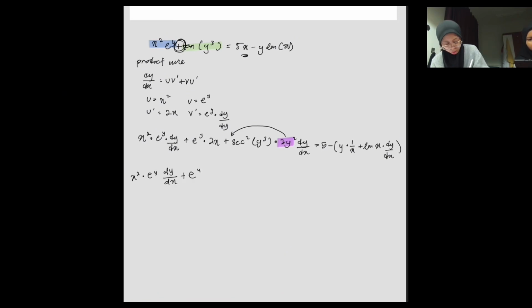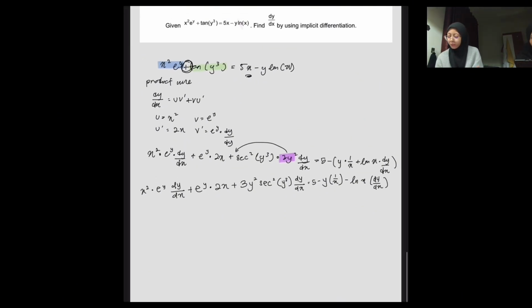Plus e to the power of y multiplied with 2x plus 30y squared dy over dx equals to 5 negative y over x negative ln x dy over dx.